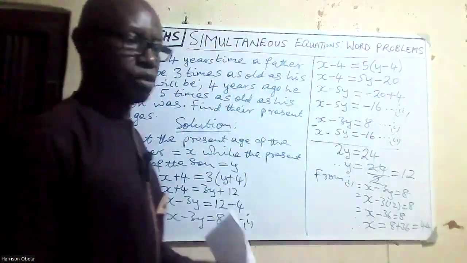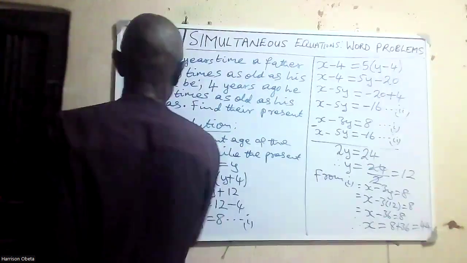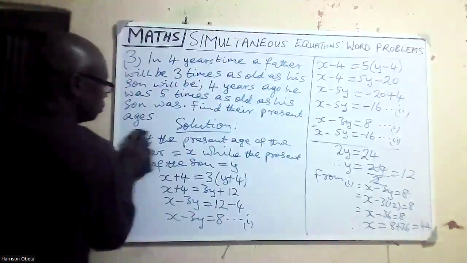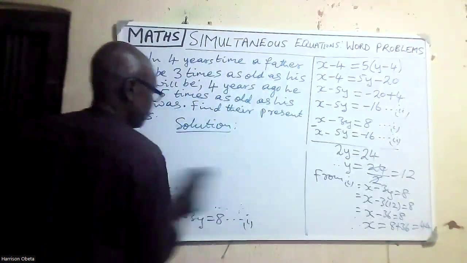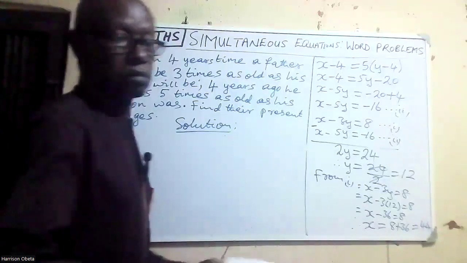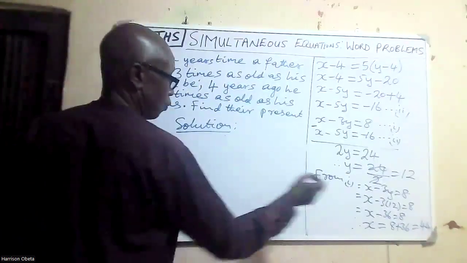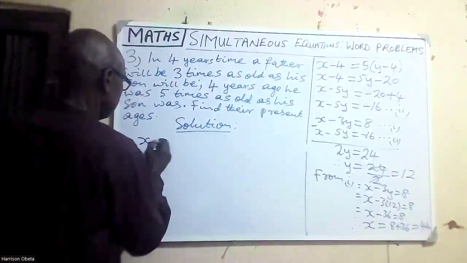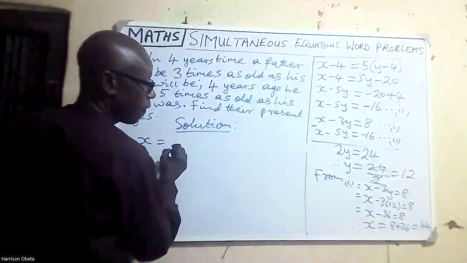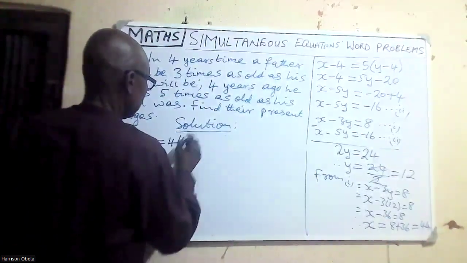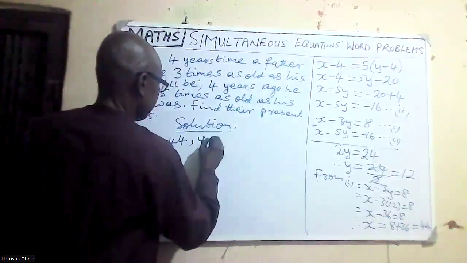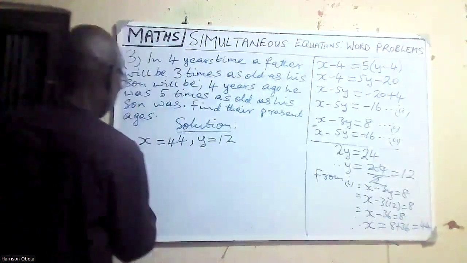So coming back to conclude, we have x is equal to 44, y is equal to 12.